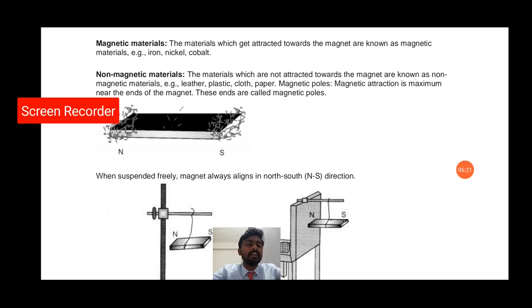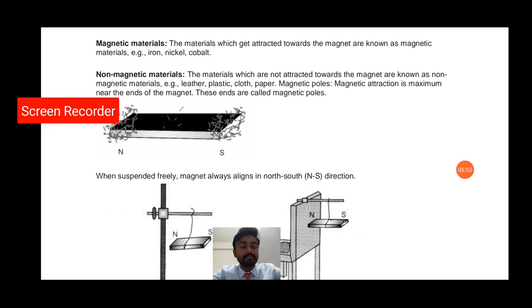These are very important questions in this lesson: magnetic materials and non-magnetic materials. In your examination, they also ask what do you mean by magnetic materials and non-magnetic materials, and give examples of each. Magnetic means the materials which get attracted towards the magnet.